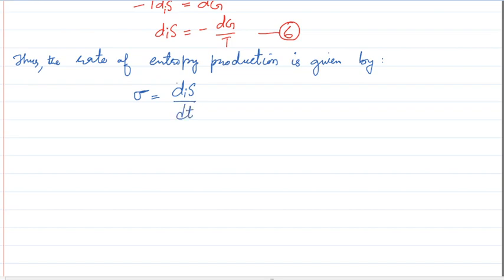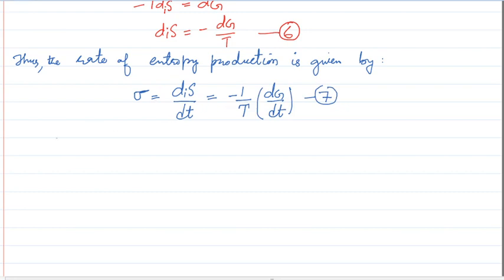We will simply replace dS_I here, so it can be written in this form: sigma equals minus 1 upon T times dG upon dt. So this is equation 7.